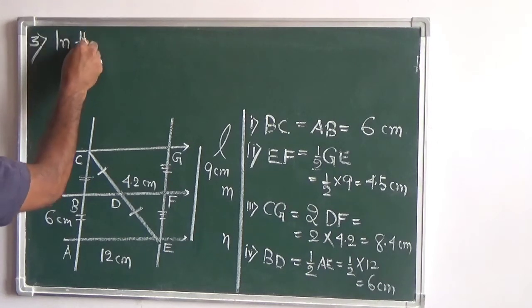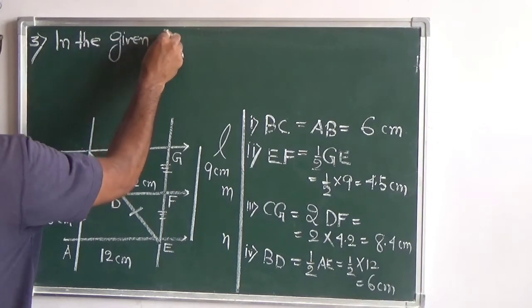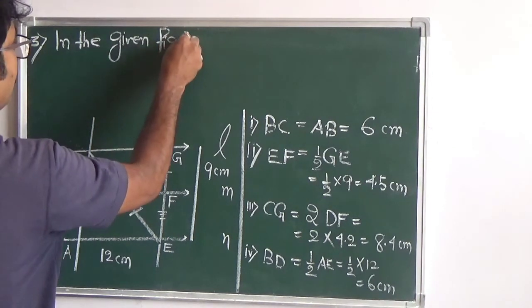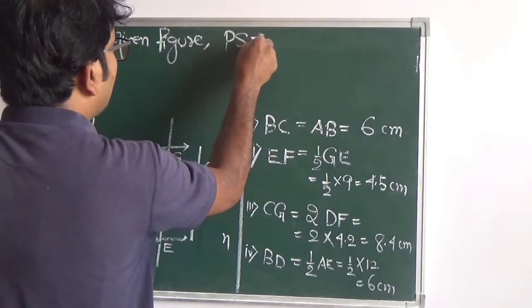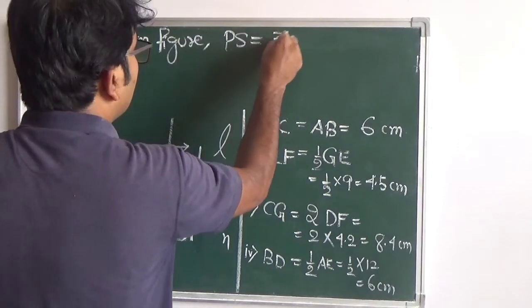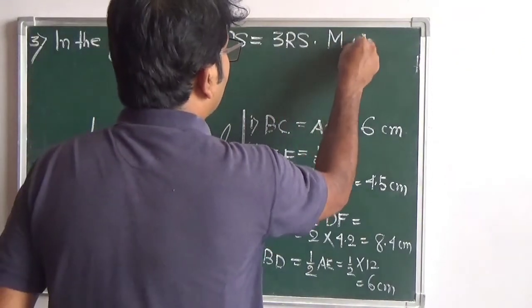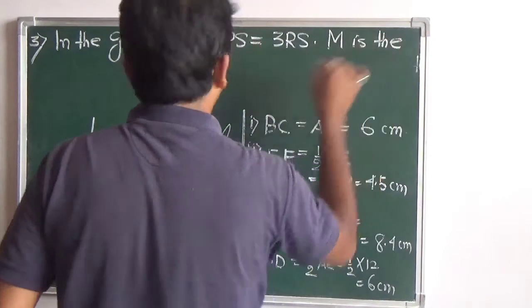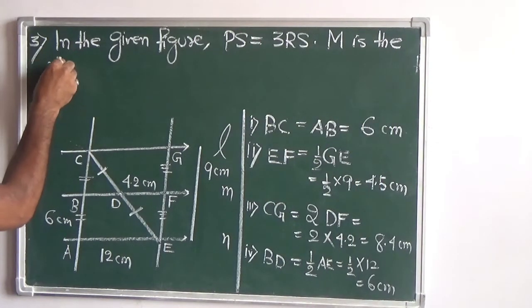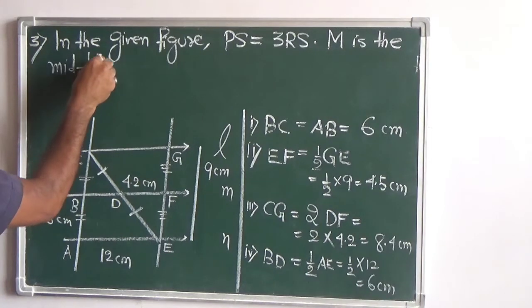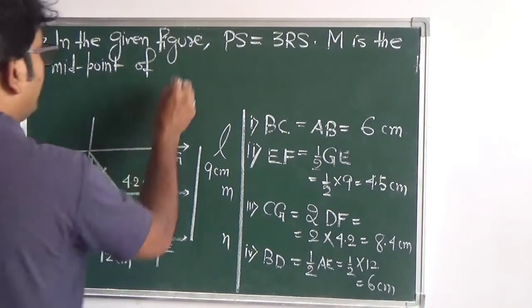Let me write the question number 3. In the given figure, PS is equal to 3RS. M is the midpoint of QR.